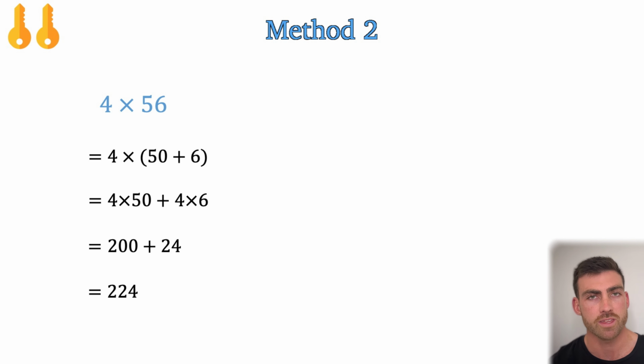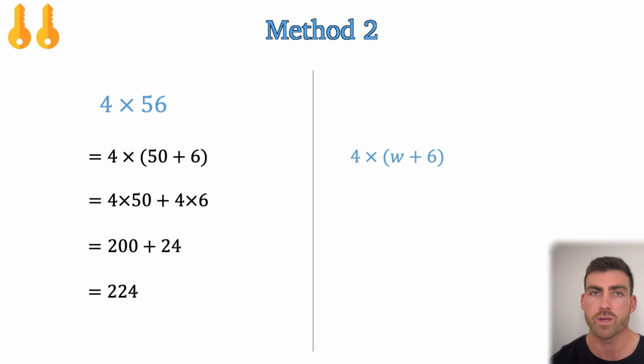I know you might be thinking, why do we need to use this method when I could have used a calculator from the start? Remember, algebra is working in maths when you don't know the value of the variables, so calculators can't be used. Let's now consider this expression. If we had 4 times the bracket of w plus 6, even though we have variables in the expression, complete the question exactly like before.